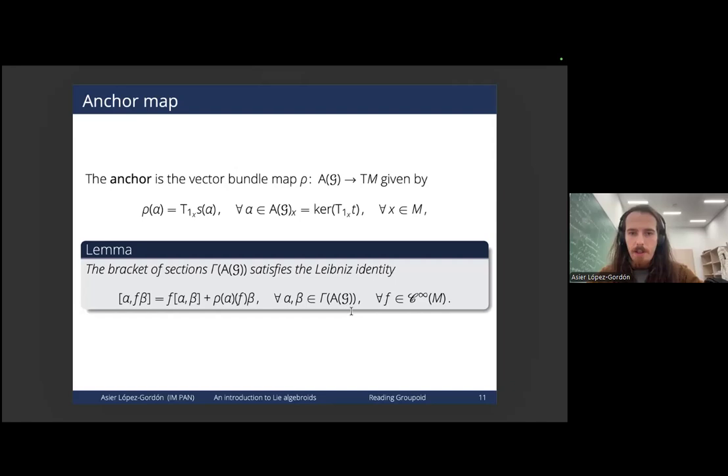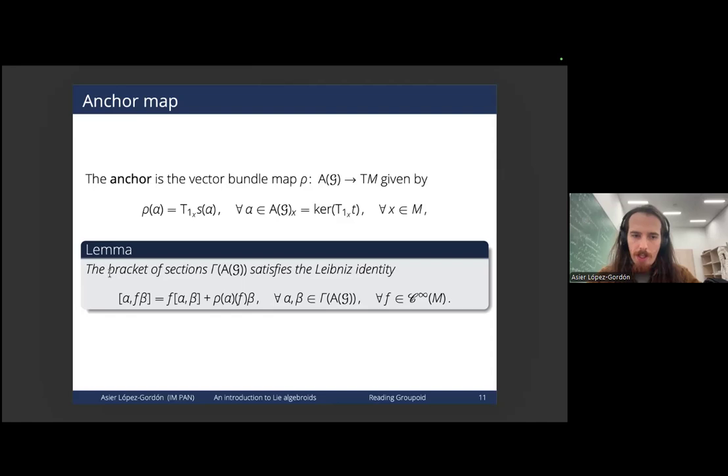The next ingredient is an anchor, which is a vector bundle map from our vector bundle AG to the tangent bundle of the base manifold M, given, for an element of the fiber at x of our vector bundle A of G, by acting with the tangent map at the identity of the source map.